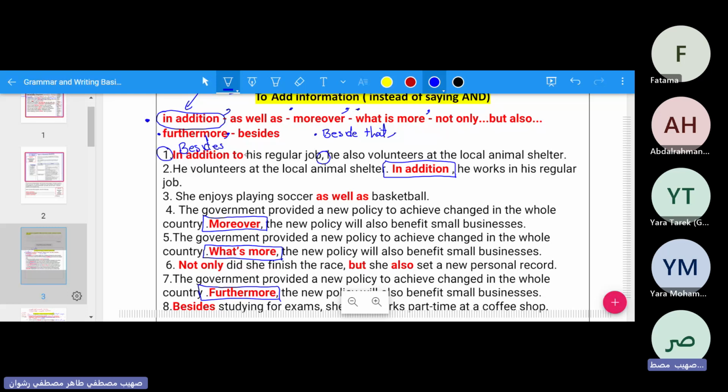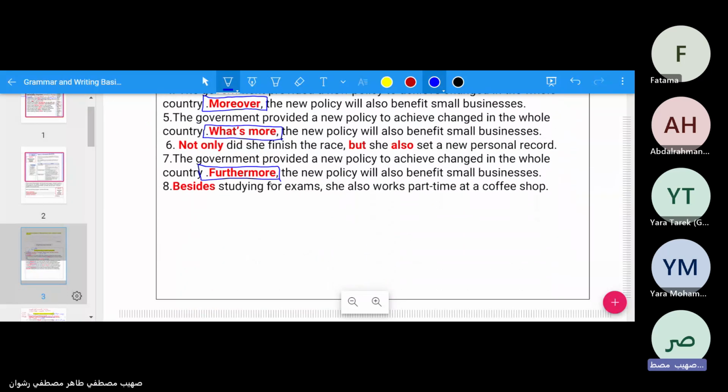Like here, in addition to his regular job, comma, before you start the new sentence: he also volunteers at the local animal shelter. The same rule applies with besides: Besides studying for exams, comma, she also works a part-time job at a coffee shop.